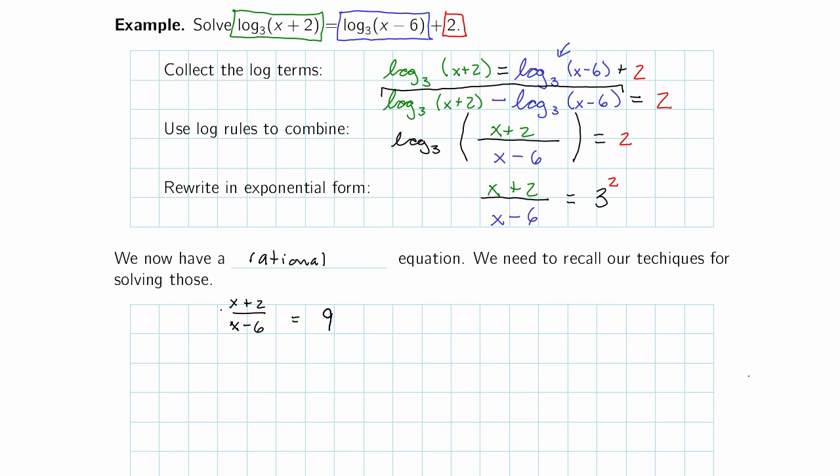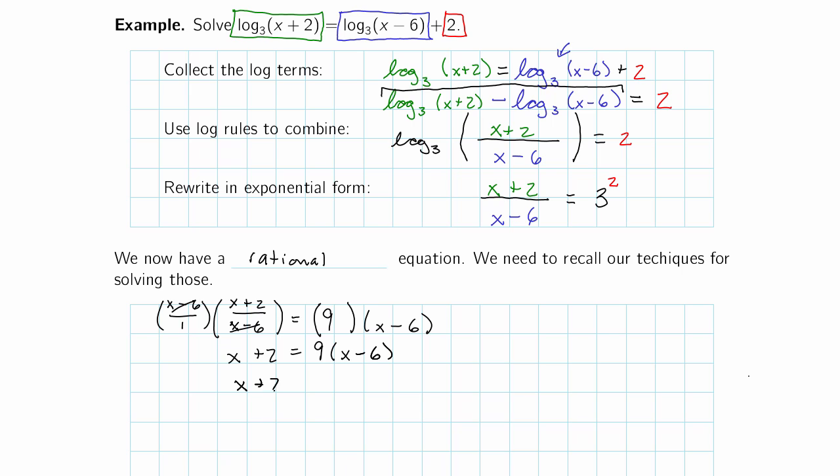I need to get rid of this variable in the denominator, so I'm going to multiply both sides by x minus 6. On the left, those cancel out, and I just have x plus 2. On the right, I have 9 times x minus 6.